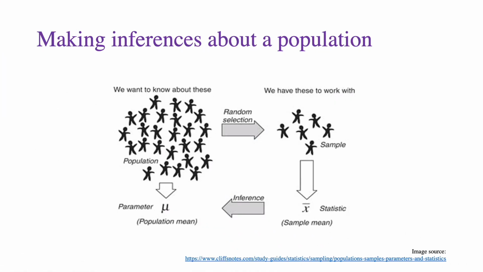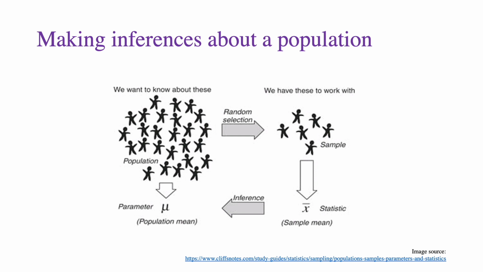Okay, so again, more on making inferences about a population. We want to know something about the population, but because that population is so large, all we can do is select a random sample from that population, assuming that the sample is representative of that population. So we only have a small sample that we can work with.